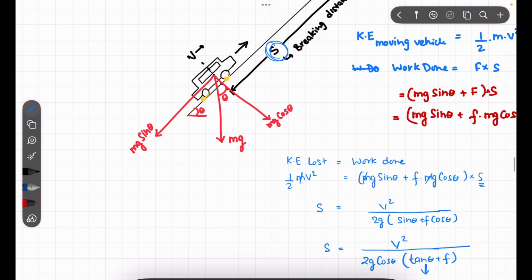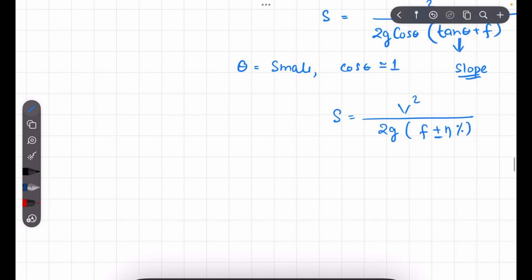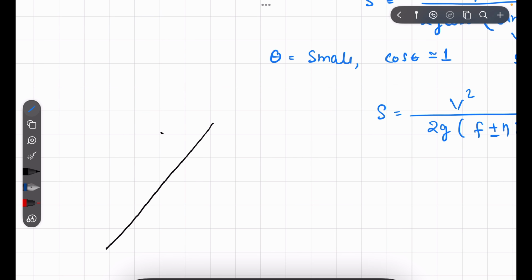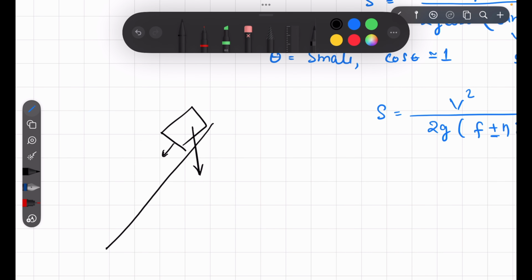Now, if the situation was different, and the vehicle was descending the gradient, then the weight will act here. This is theta, and mg sin theta will be contributing to the velocity. It will not be contributing towards stopping the vehicle.